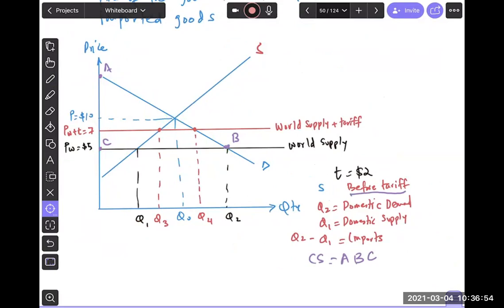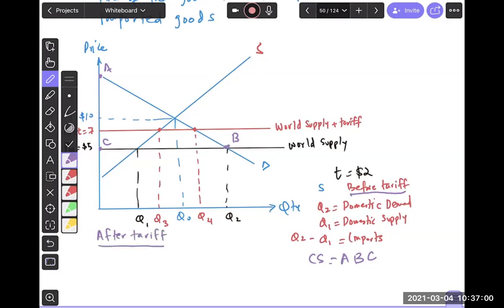But when you put a tariff, let me write after tariff. Guys, after tariff, what's the consumer surplus? First, what's the domestic demand? Domestic demand is going to be Q4. Domestic supply, good job, is going to be Q3.